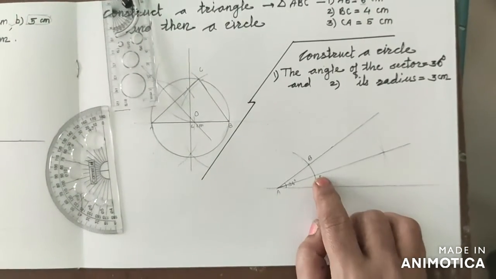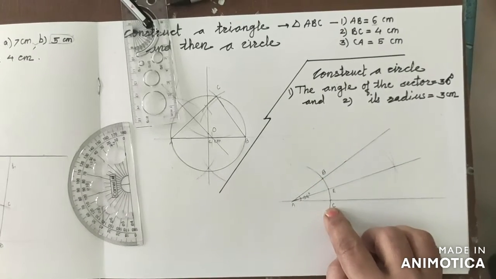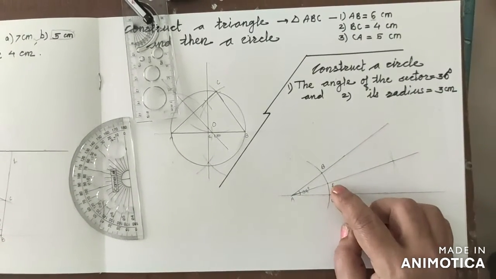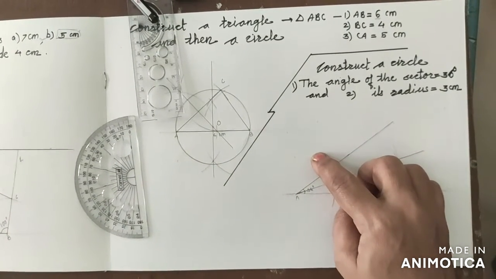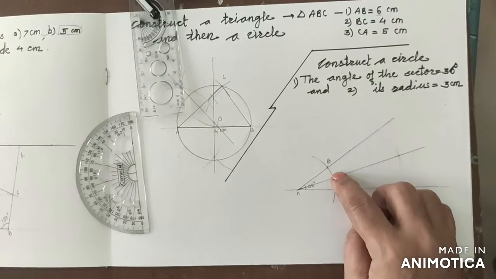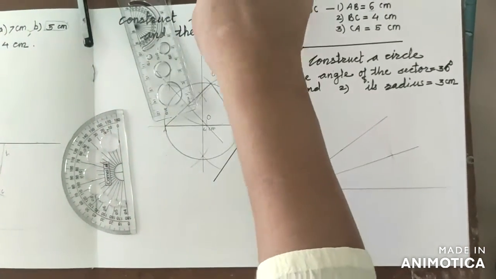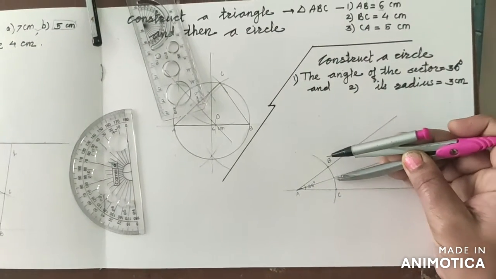So friends, look at this point E and this arc too. The next construction is that we have to draw one tangent crossing that point E. For that we need the compass again.